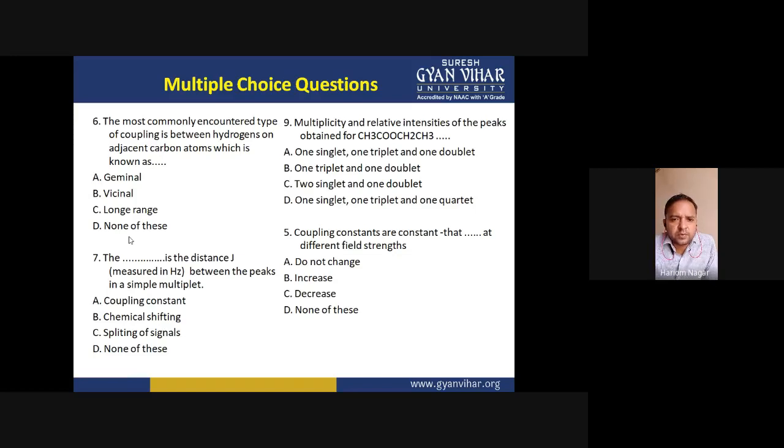So for the CH3 proton there is one singlet, for the CH2 protons there is a quartet, and for the CH3 protons there is a triplet. So one singlet, one quartet, and one triplet will be observed here.